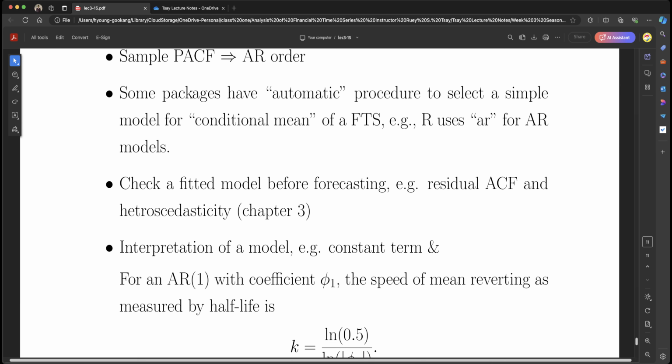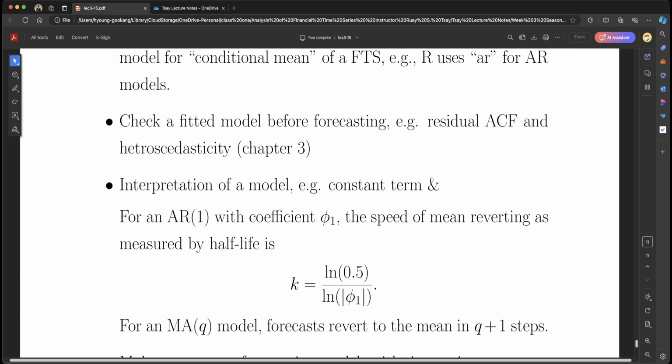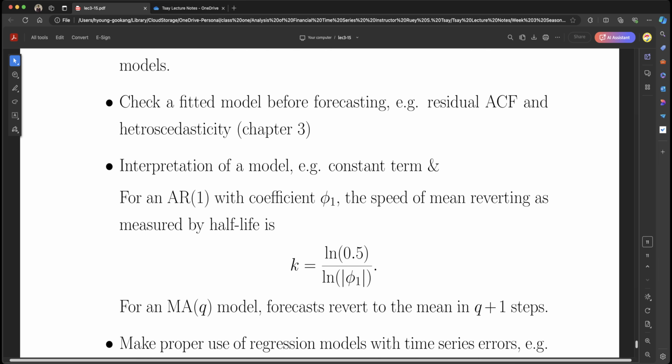Interpretation of a model: for example, for an AR(1) with constant term and coefficient phi_1, the speed of mean reversion as measured by half-life is k equals log 0.5 divided by log of the absolute value of phi_1. For an MA(q) model, the forecast delivers the mean after q plus 1 steps.